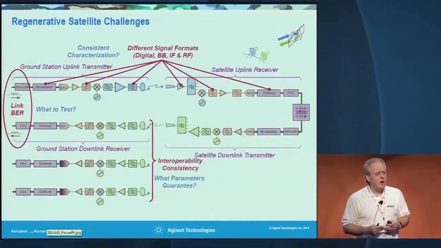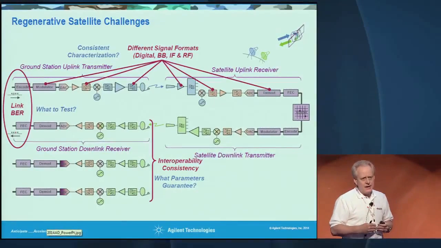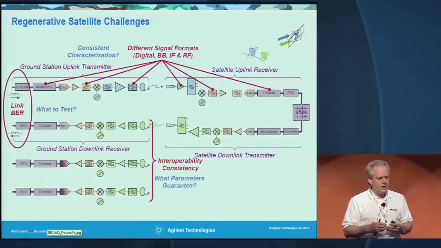So with that, there's another set of design challenges and testing challenges that go along with this new capability. Where you may have been measuring frequency response or flatness and ripple, group delay, you're now measuring different quantities. You're measuring error vector magnitude. You're measuring bit error rate.